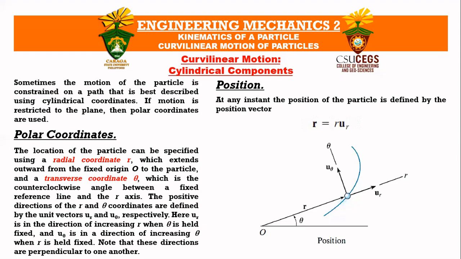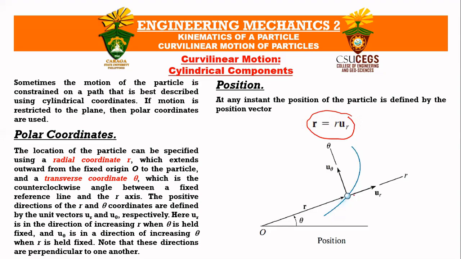For us to visualize the polar coordinates, let's have this position. At any instant, the position of the particle is defined by the position vector. So this is our position vector, and this is the figure.